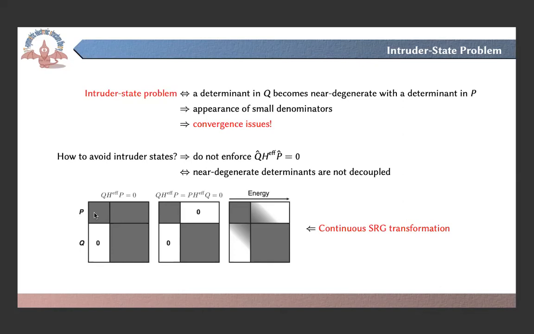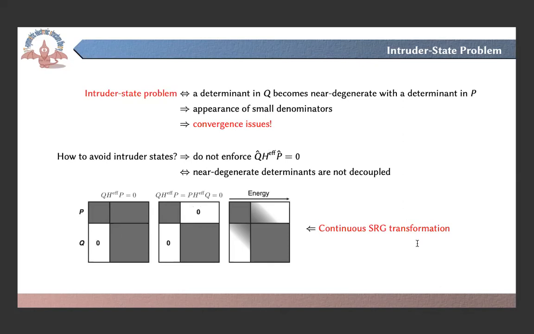The idea of how to avoid intruder states is to make sure that you do not enforce QHP equals 0. You want to avoid putting those blocks to 0, because if they are near degenerate, you don't really want to decouple them. You want to avoid that near degenerate determinants are decoupled.